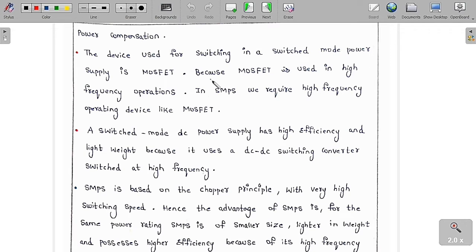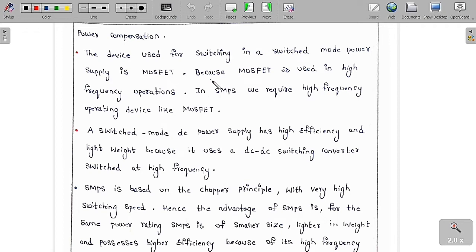The device which is used for switching in a switched mode power supply is MOSFET, because MOSFET is used in high frequency operations. In SMPS, we require a high frequency operating device like MOSFET, because, as I have already told you, in a switched mode power supply we use the MOSFET as the switching element since we need high frequency applications.